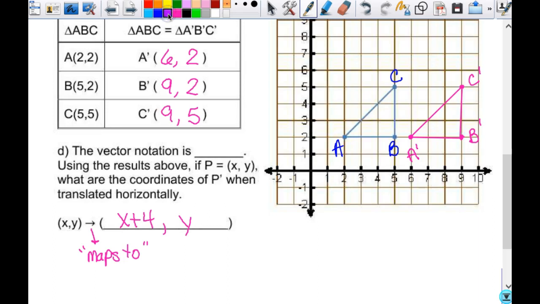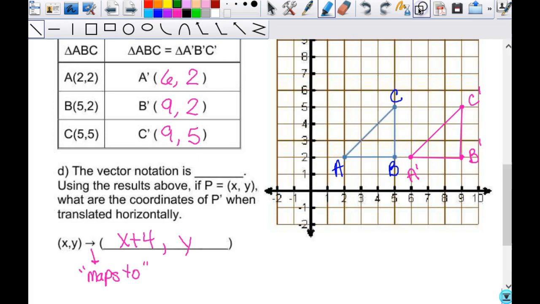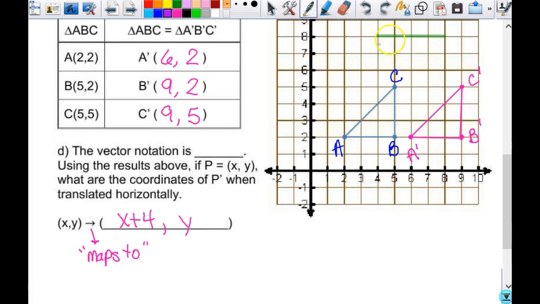So I translated this along a vector. Well, my vector can start anywhere, right? So I'm going to start right here. And then I'm going to go to the right 4 units. Since I started here and ended here, here's my arrow, there's my translation vector right there.